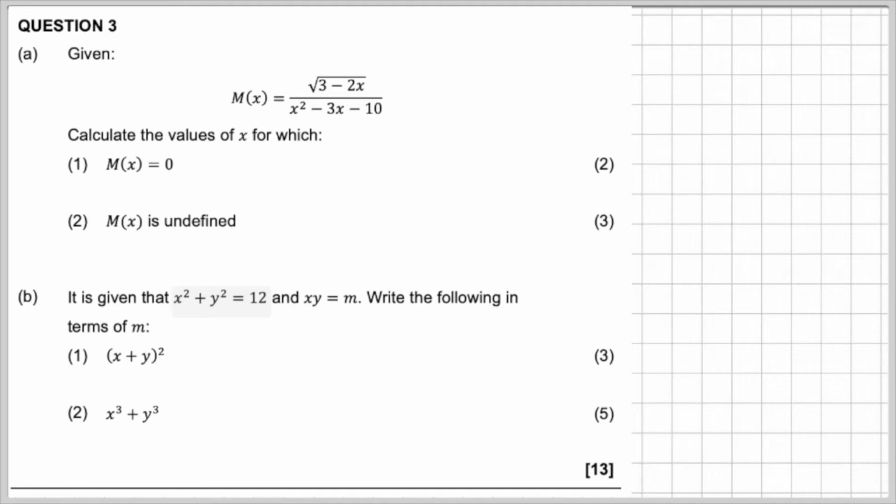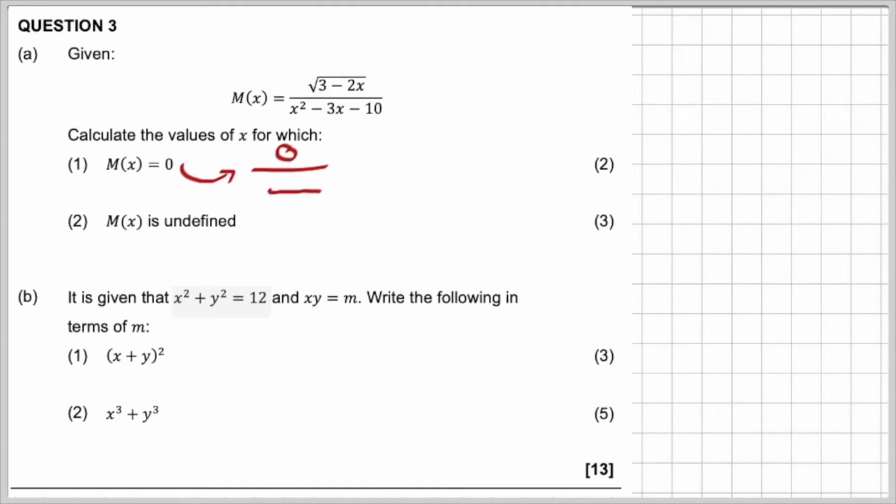So when we look at question 3a, it says there you are given a specific expression. And they're asking you in A1, where is m of x equal to 0? Now here you've got to think, and this is where the algebra and the numbering system knowledge you need come into play.